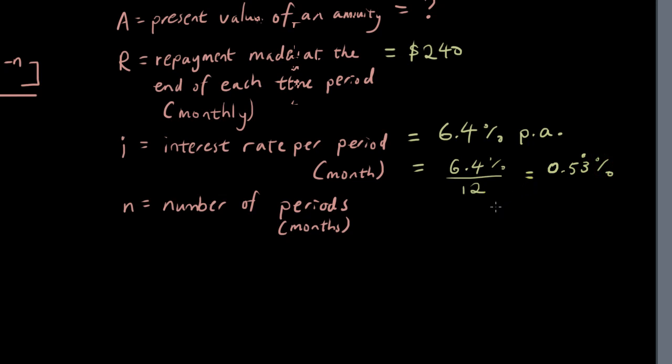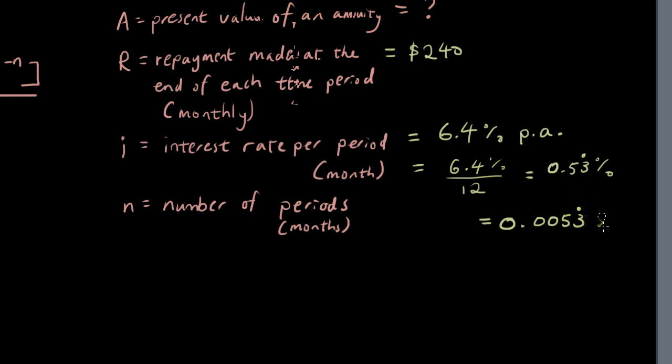Okay, we want it as a decimal in this formula. So then you would divide that by 100, which is 0.005333 and so on, 3 recurring, so you don't have to write all those threes.